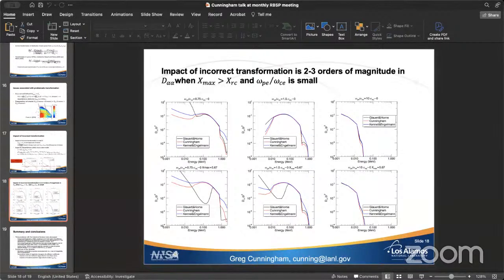So this is just evaluating Kennel and Engelmann as it is in the paper, assuming that the distribution of power is uniform in psi. But the correct way to do it is that you don't have those spurious phase terms, and the answer then becomes independent of the distribution of the wave power in psi. You get exactly the same diffusion coefficient if all the power is at psi equals 0, as you do if you distribute the power in psi uniformly in 2 pi.